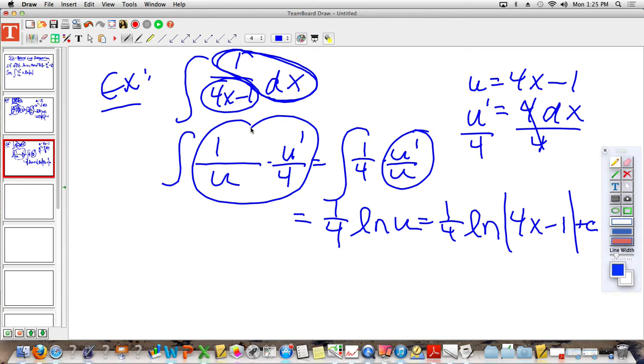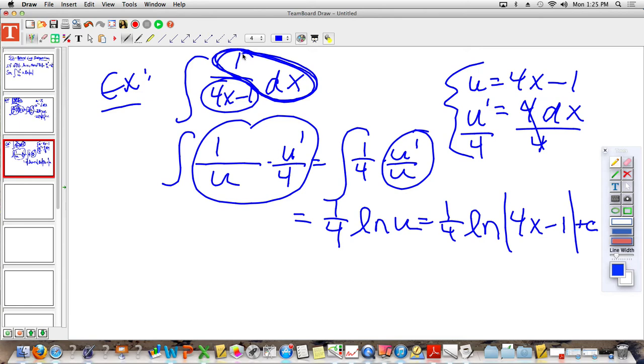You're okay with all of this stuff over here? Yeah. Okay, so u prime over 4 equals dx. Well, this right here on the top, 1 dx, is the same thing as dx. So I took this 1 dx and replaced it with u prime over 4.